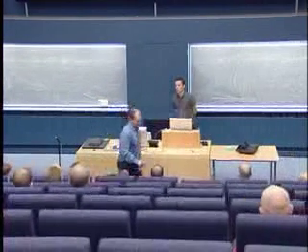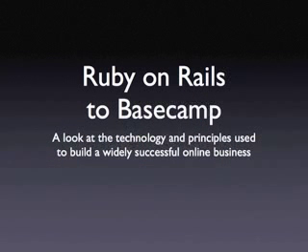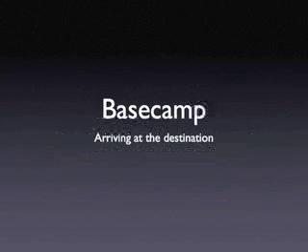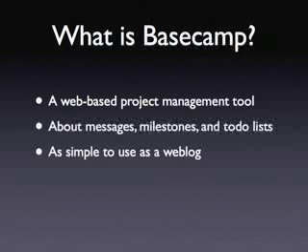The talk is called Ruby on Rails to Basecamp, but we're going to start at the destination and have a look at Basecamp. Basecamp, as we said, is a web-based project management tool, which is kind of a vague term because this could apply to a number of different systems. What we mean when we say project management is really project collaboration.